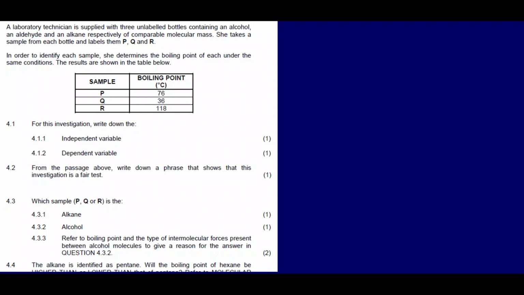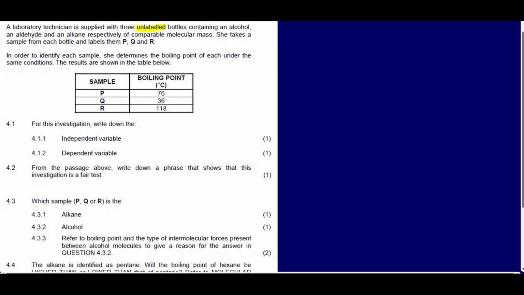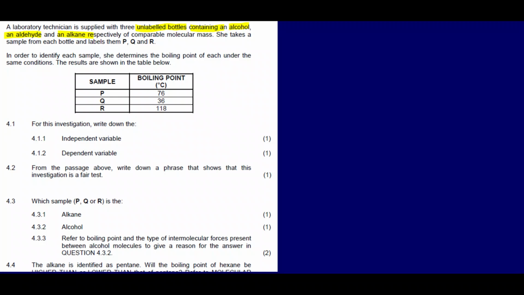A laboratory technician is supplied with three unbalanced and unlabeled bottles containing alcohol, an aldehyde, and an alkane, respectively, of comparable molecular mass.